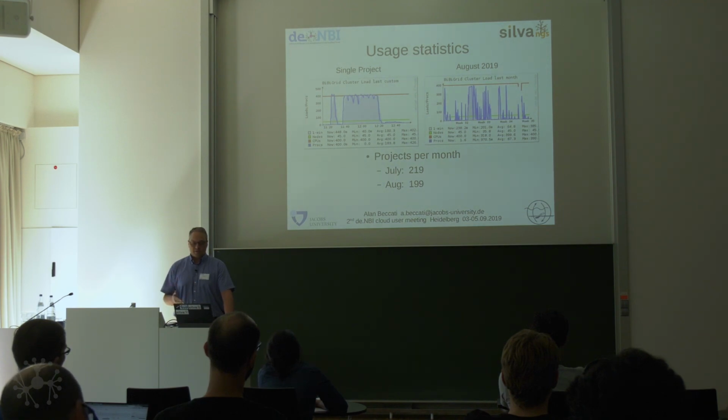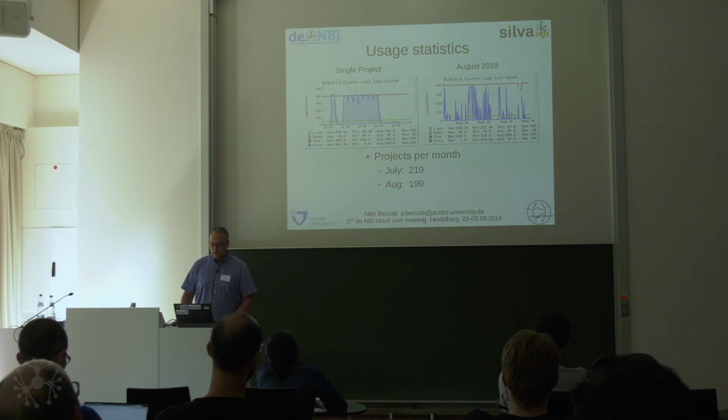For larger projects involving tens of millions of sequences, we still process them manually step by step and check the results to ensure that the scientist gets the correct results. So on average, we have about 200 executions per month in the last 2 months.